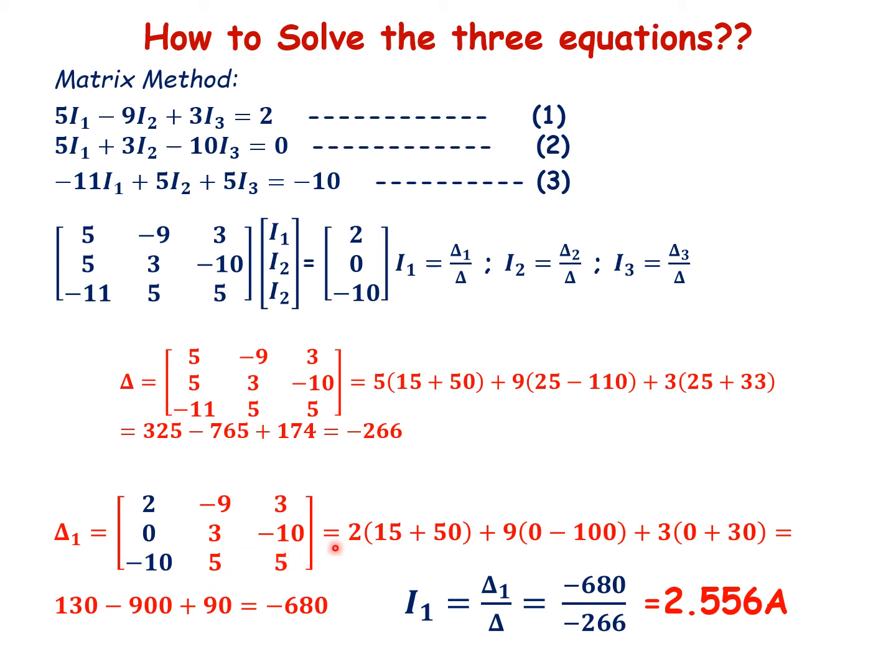So how to find out the determinant? 2 into 15 plus 50, minus of minus 9 into 0 minus 100, plus 3 into 0 plus 30. So what is the answer? Minus 680. So we can find out the current I1 as delta 1 by delta. Minus 680 by minus 266, that is equal to 2.556 ampere.